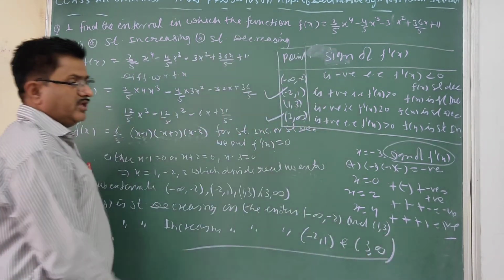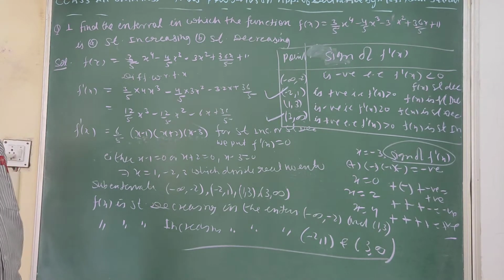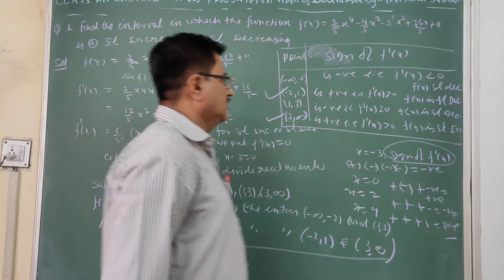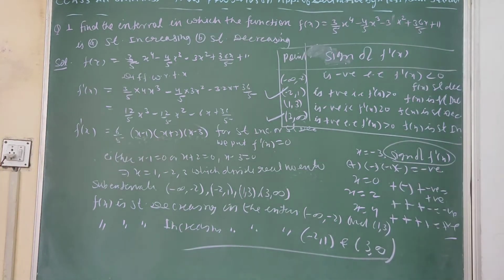So in this way you can solve the problem. Either the given problem is strictly increasing or decreasing, you have to find the derivative, take the interval, put a particular point in the interval, and you get the required answer.